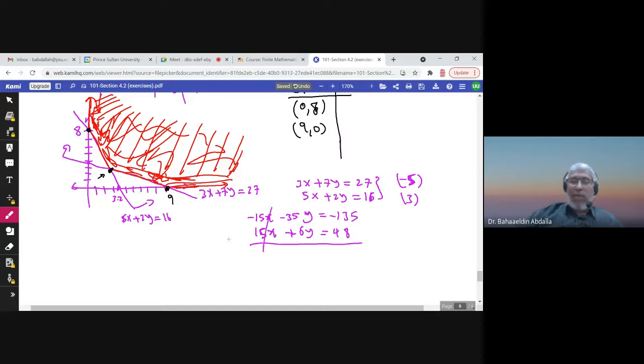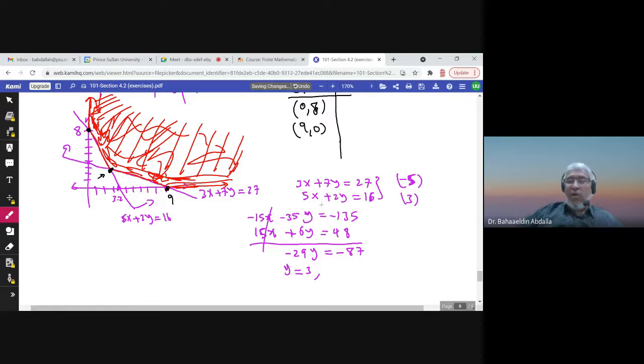Add: negative 35 plus 6, that's negative 29. And negative 135 plus 48 is negative 87. And when I divide negative 87 by negative 29, I get 3. So y is 3.